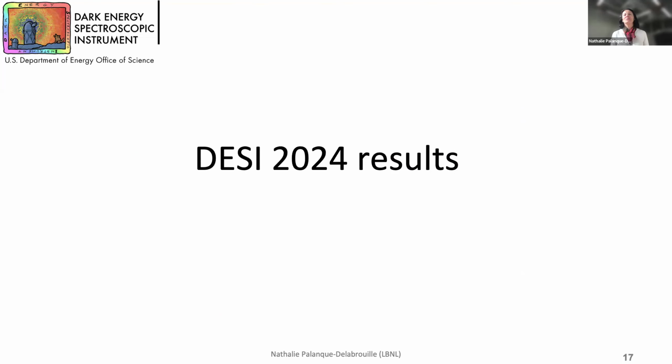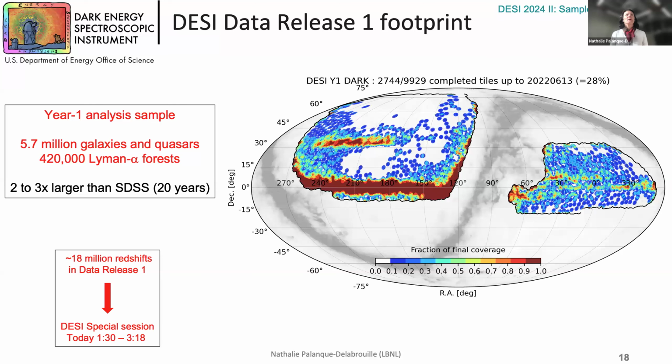So let me now turn to the results that we published roughly a year ago now. These results are based on the analysis of the first year of data from DESI, based on the analysis of close to 6 million galaxies and quasars and over 400,000 Lyman-alpha forests.